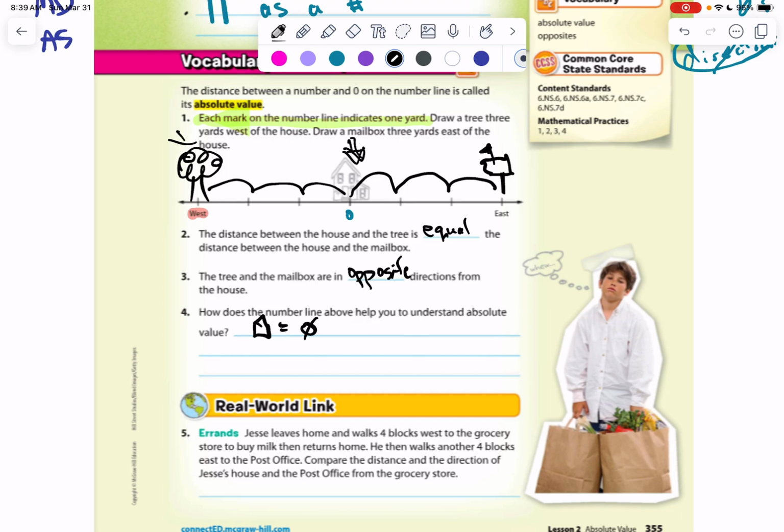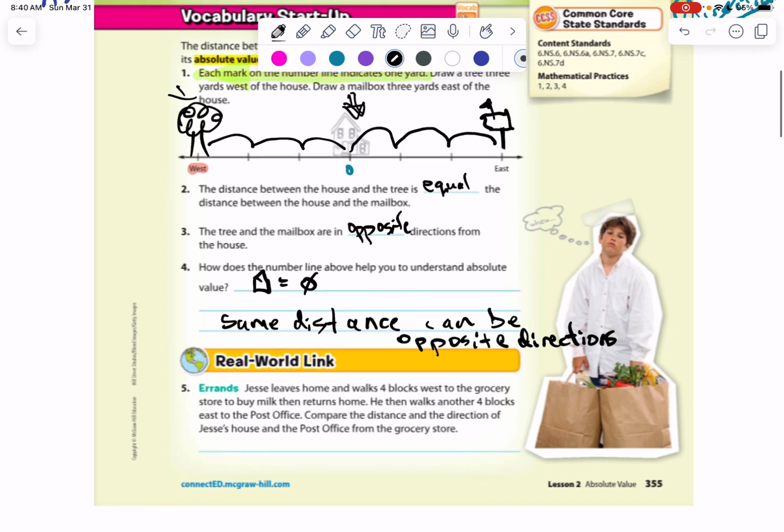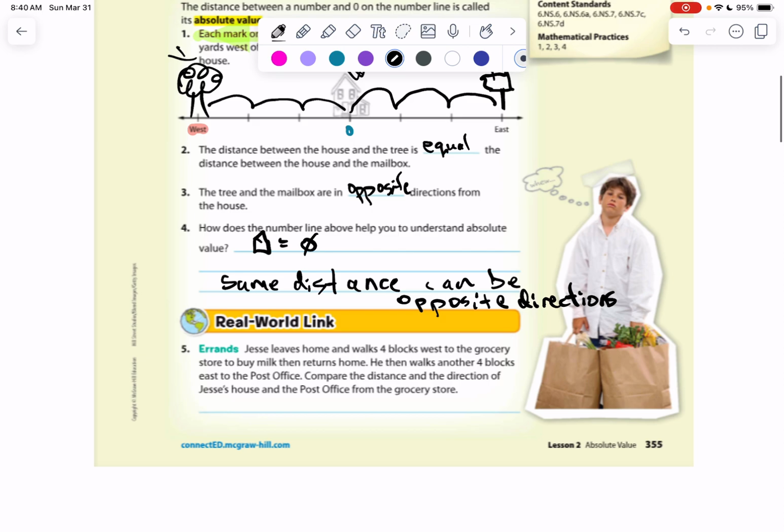So we can see how the same distance can be in opposite directions. And again, as we get into absolute value, we are going to realize that it's only indicating distance. It has nothing to do with direction.